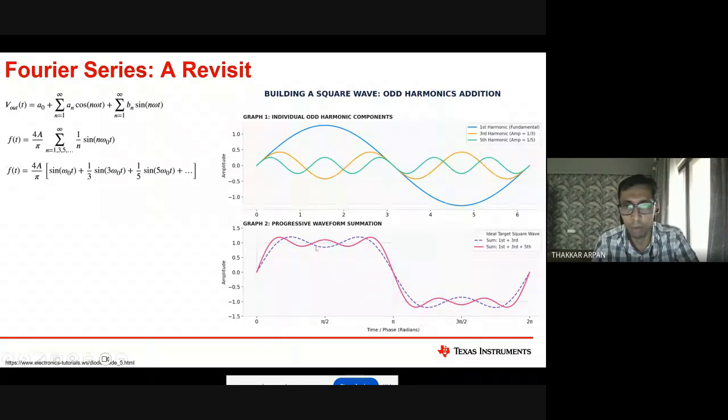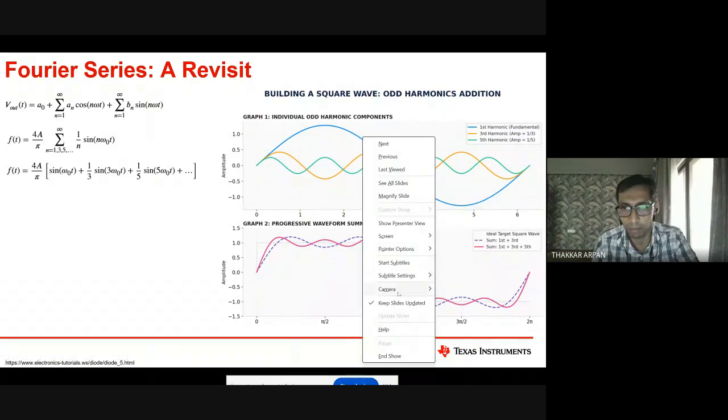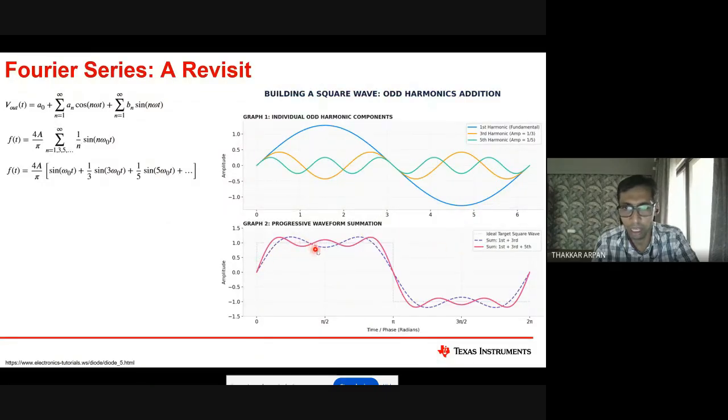If you see this dot-dashed line here, that is nothing but the summation of this blue curve and the yellow curve. So you can see it is forming like this. Now if you add a fifth harmonic, which is even smaller, 1/5 is the magnitude, then you see this pink color over here. If you keep adding the other harmonics, you basically get the square wave.